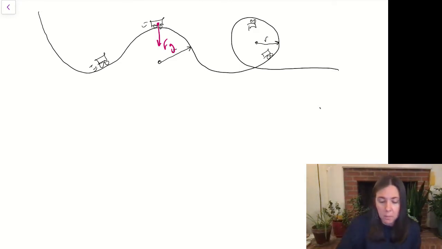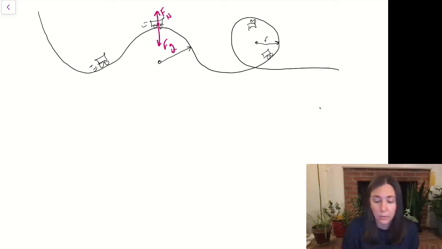But because the car is moving in circular motion, the normal force is not going to be equal to the force of gravity, because we need a net force pointed towards the center of the circle so that this car can accelerate towards the center. So our normal force is going to be less than the force of gravity.